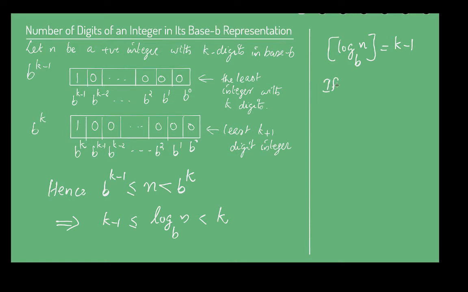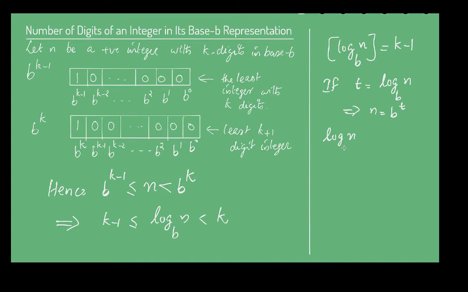If we take t equal to log n to the base b, then we can write n is equal to b raised to t. Now let us consider the quantity log n, that is the natural log of n.